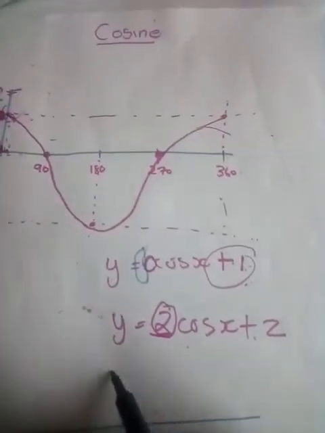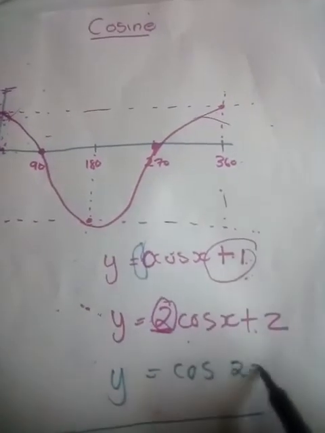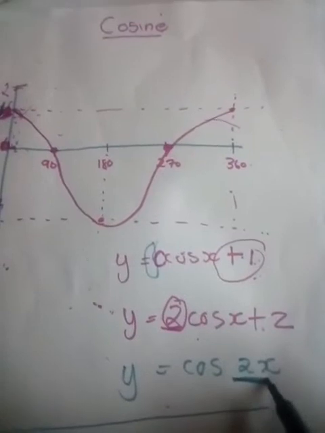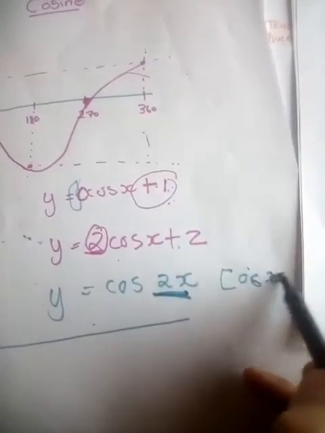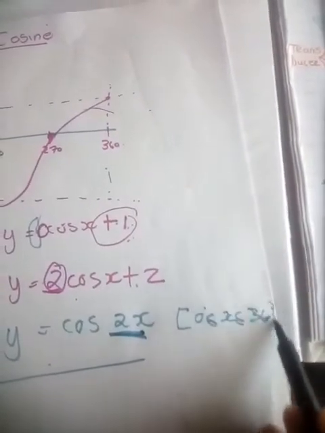in this case it can also have y is equal to cosine of 2x, and again this means there will be 2 cosine graphs, taking into consideration 0 to 360.